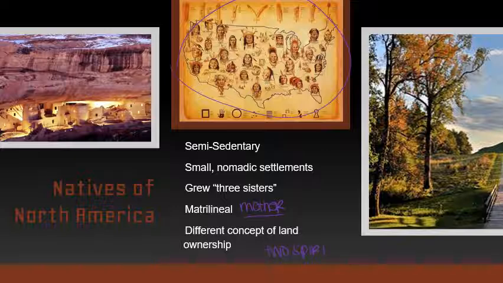Two spirits are super interesting, you guys. It's the idea that there isn't just a gender binary. We have this construct in Western civilization, and it's this idea that people are either male or female, essentially that gender and sex are the same thing. And so we give these gender roles, what you're supposed to do if you're a woman, what you're supposed to do if you're a man, right?